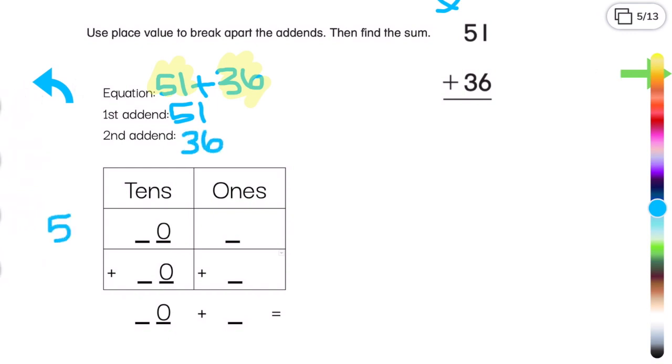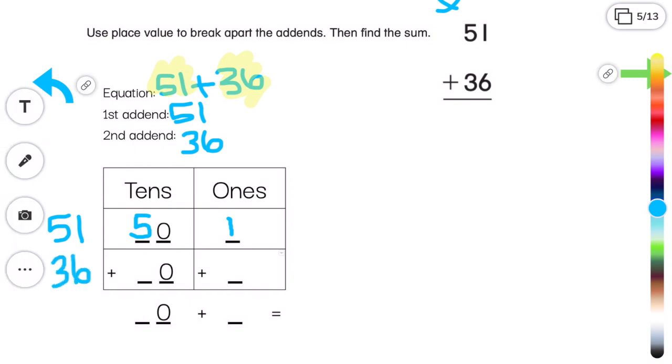So now let's break apart our add-ins. 51 has 5 tens, which means 50. 51 has 1 one, which has a value of 1. And 36, it has 3 tens, which means 30, and it has 6 ones.